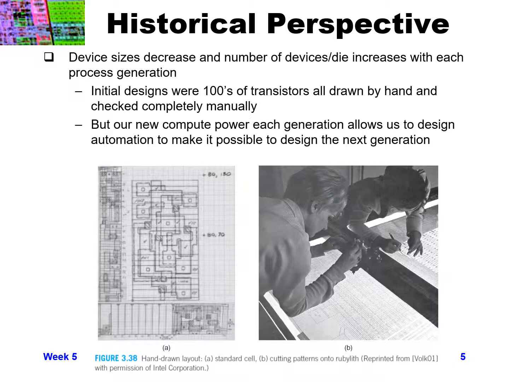But nowadays we have billions of transistors per die, and the new compute power that we get from each generation of new microprocessors effectively allows us to design automation that makes it possible to make the next generation of our designs, because the amount of transistors being put on any given die means the checkers required to make sure everything is working require an immense amount of processing power.